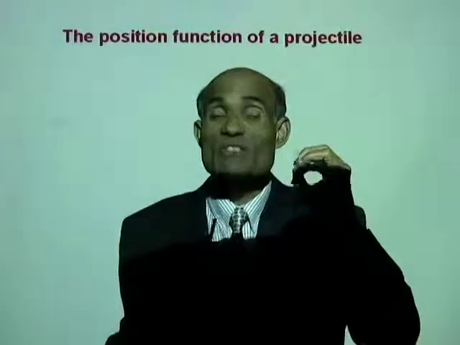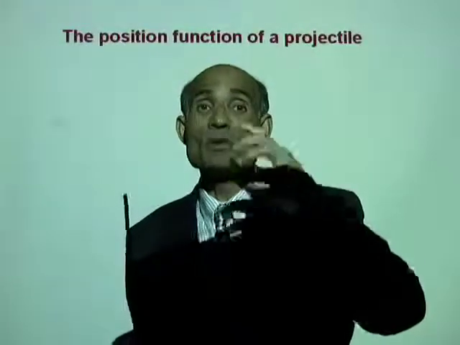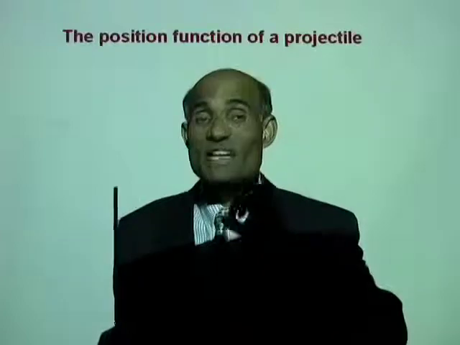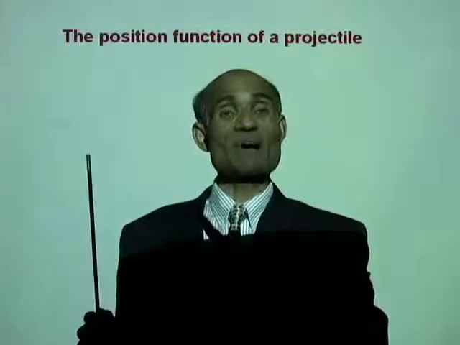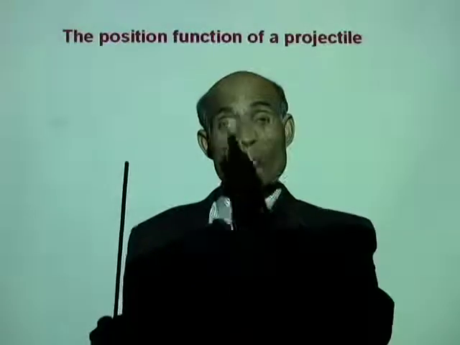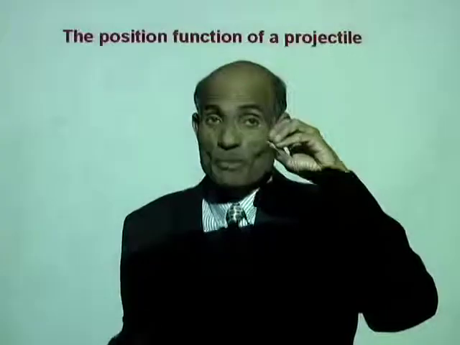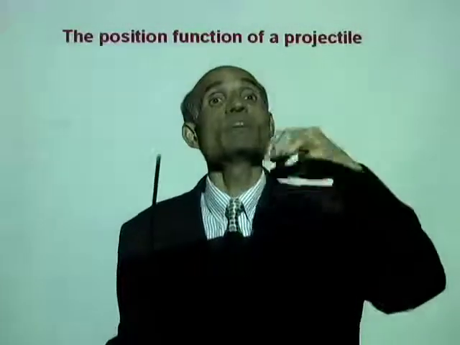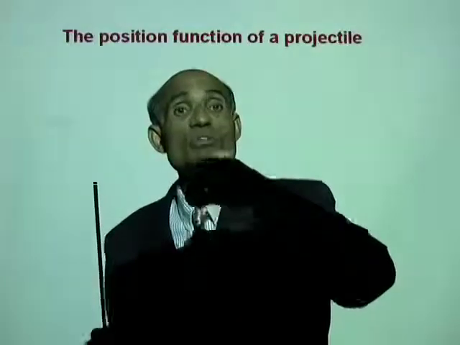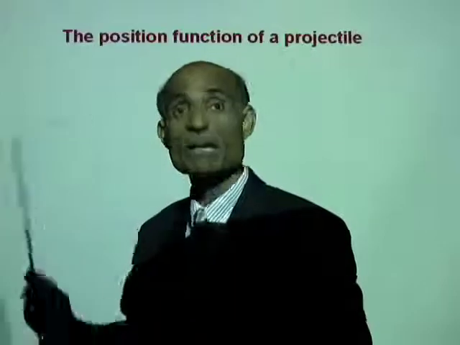X position is vx0 multiplied by time, which is v0 cos theta multiplied by t. And what is the y position? The y position is, if y0 is 0, it will be vy0 t minus 1/2 g t squared. Let's write it down now.